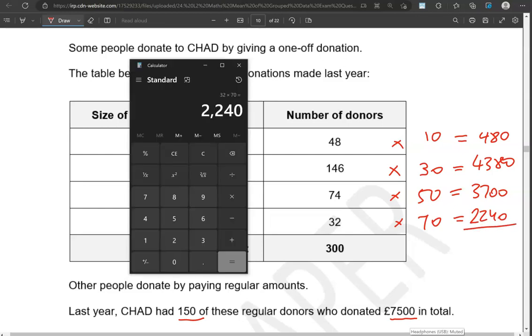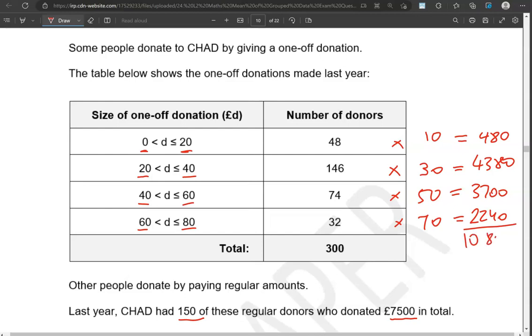So working out the total by adding 2,240, 480, 4,380 and 3,700, which is 10,800, which we're going to divide by the total number of donors, which is 300.